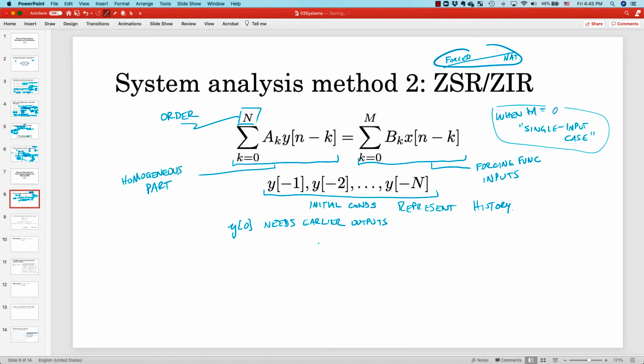A final way you can think about this is, in the block diagram formulation, these are like initial values in a shift register. If you pick up a digital system, there's no guarantee that the shift registers inside that system are all 0. Perhaps you have initial values in that shift register, and so you would need to exhaust those values in order to get the output due to new inputs.